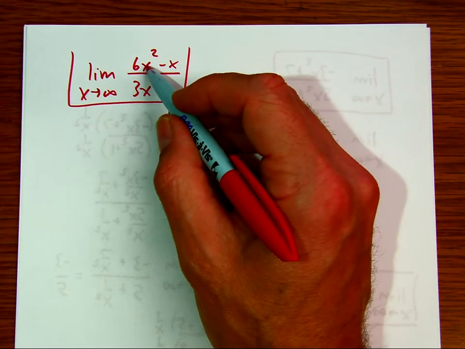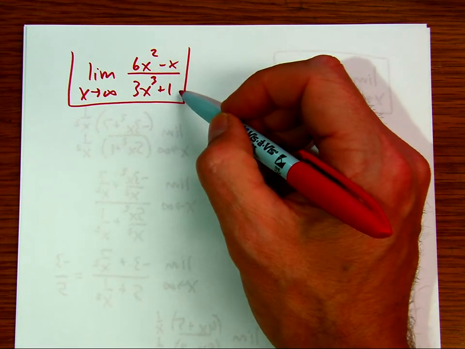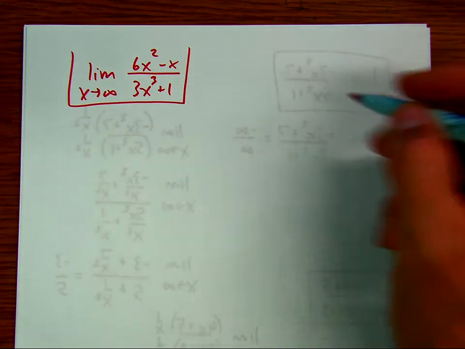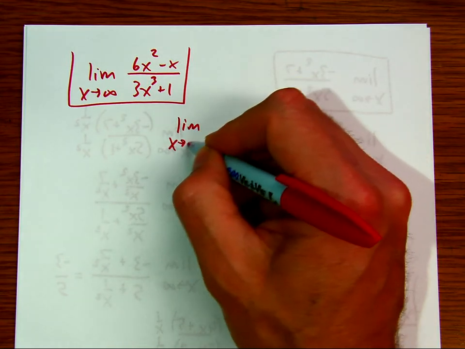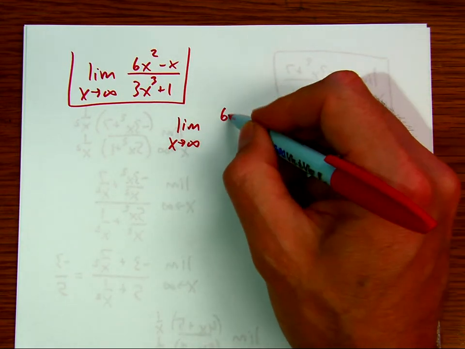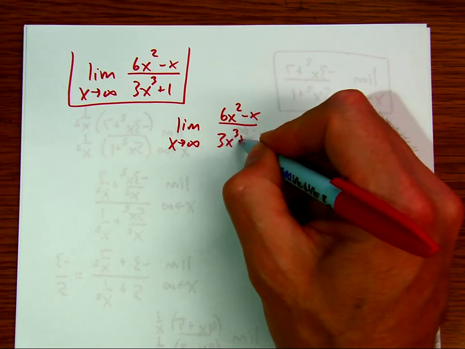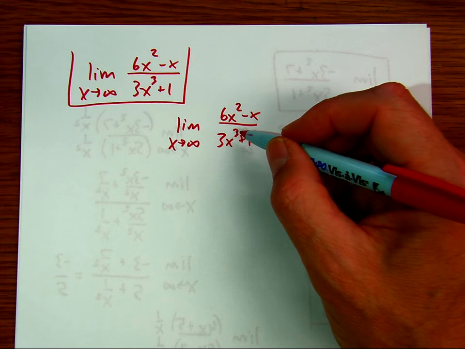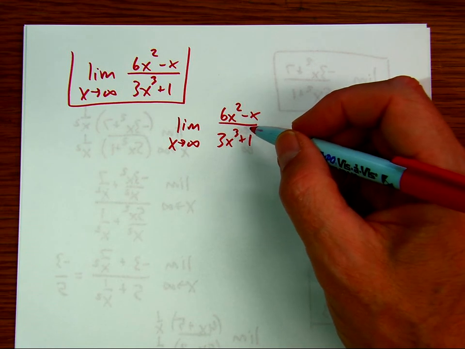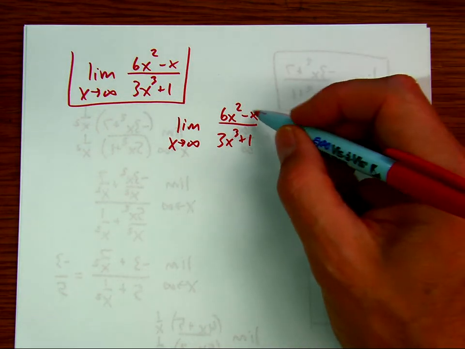Putting infinity there and infinity there gives us infinity over infinity, indeterminate, so we have to rewrite it. Let's use the highest degree of the denominator. We could use the highest degree of the numerator. It won't matter.